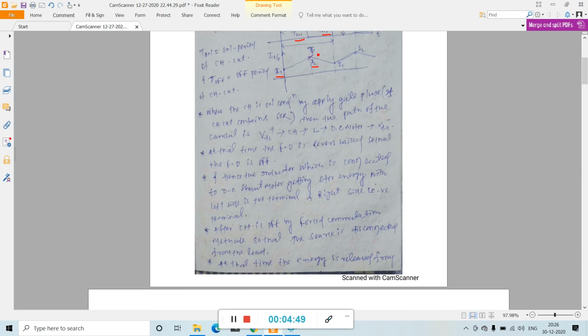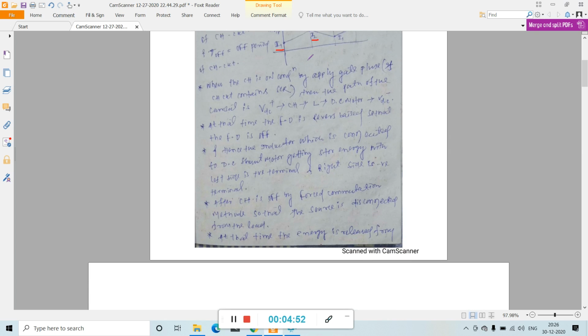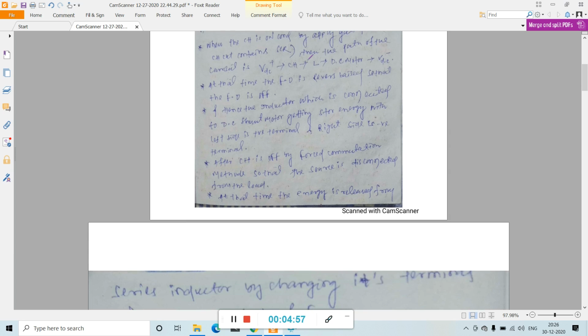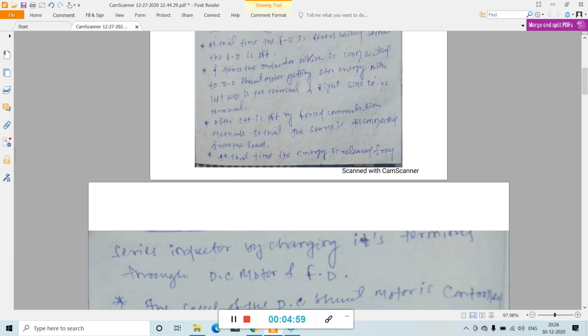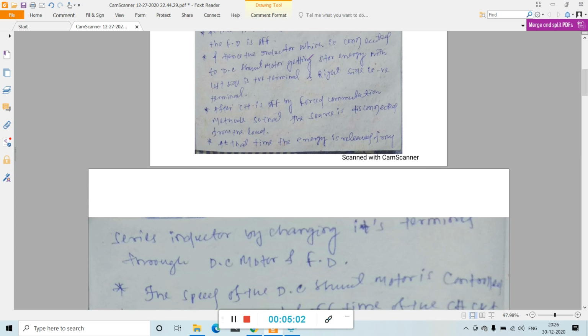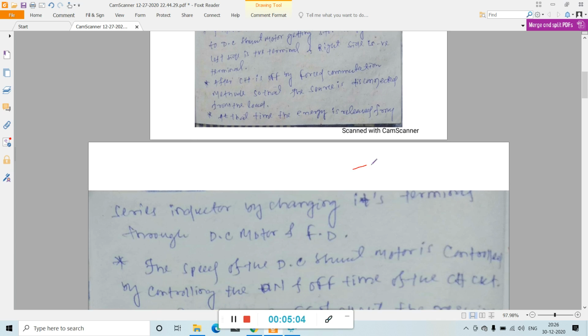After the chopper is turned off by the force commutation method, the source is disconnected from the load. At that time the energy is released from the series inductor by changing its terminals. Initially this inductor is positive on one side and negative on the other, but when the chopper is off the polarity reverses.